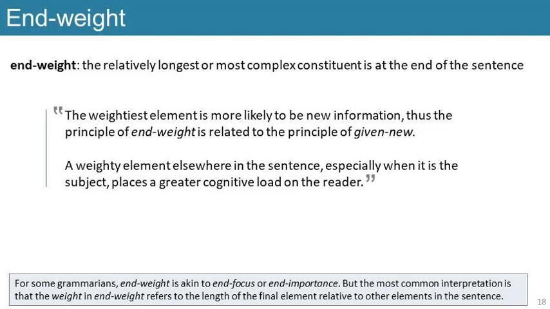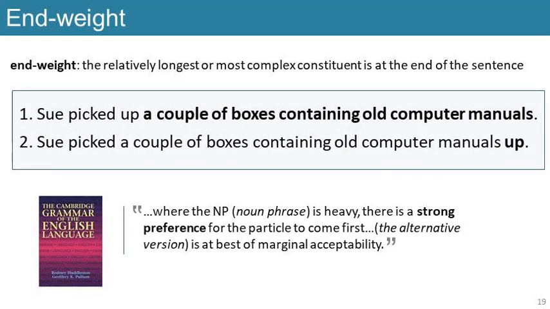Thus, the principle of end weight is related to the principle of given new. Secondly, a weighty element elsewhere in the sentence, especially when it is the subject, places a greater cognitive load on the reader. A comparison of two sentences of equal meaning from the Cambridge Grammar of the English Language, CGEL, should make the principle of end weight clear.